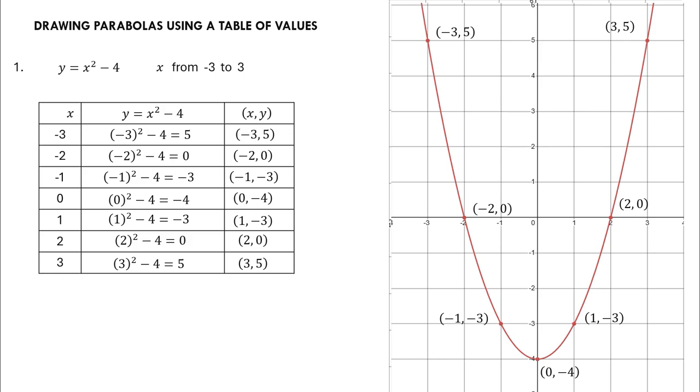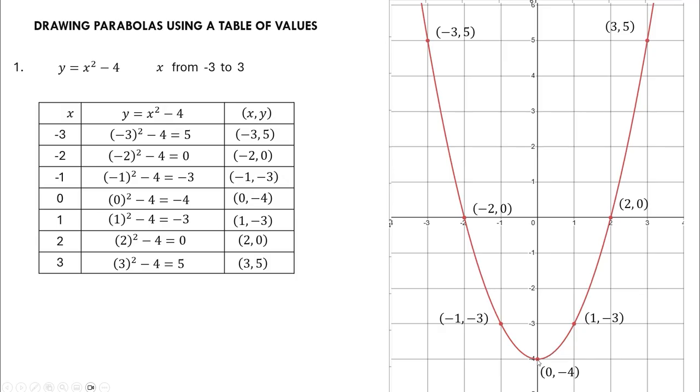There's a couple of things that we can notice about this parabola. The graph crosses the x-axis at 2 points. It crosses it here, and it crosses it here. The graph changes direction right here at the pointy end.